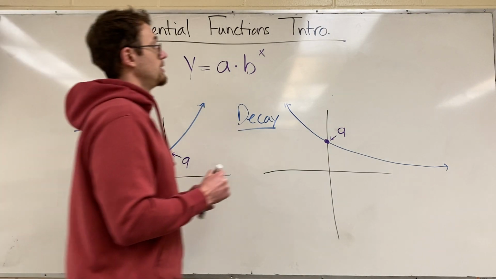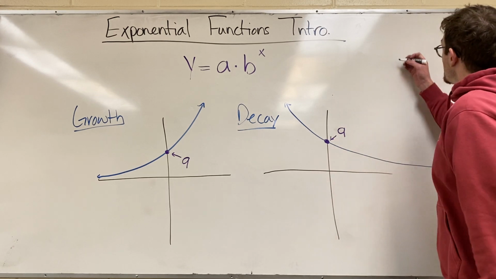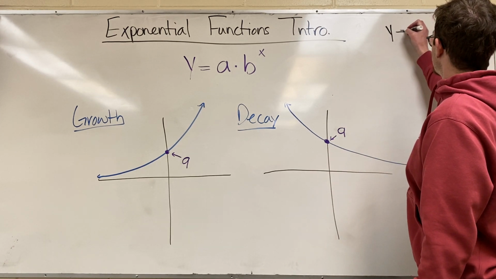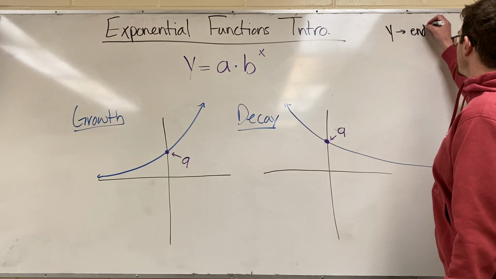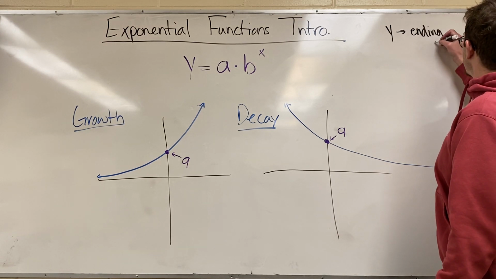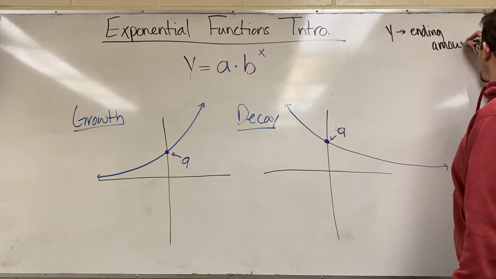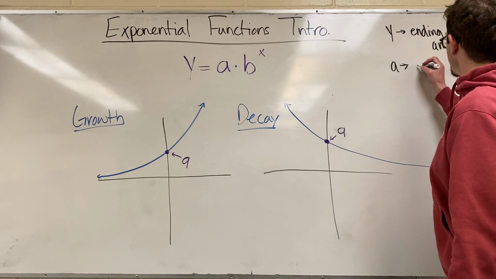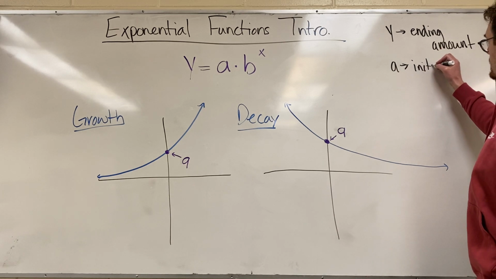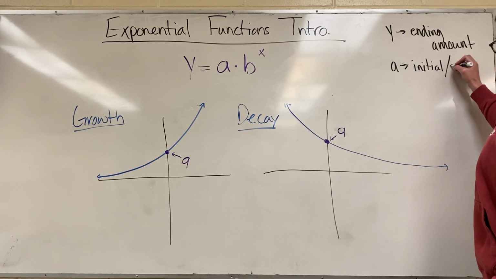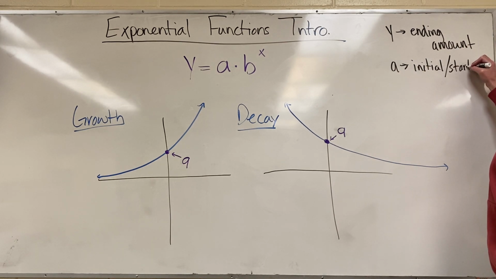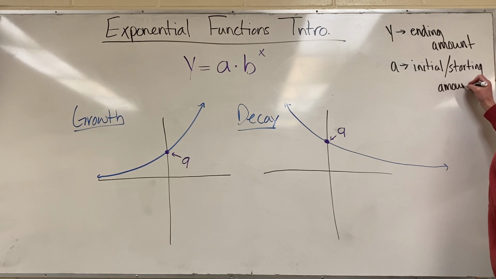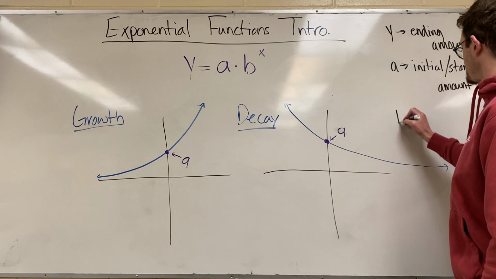All right, so let's get a key going over here. Y will be the ending amount. A will be the initial slash starting amount.